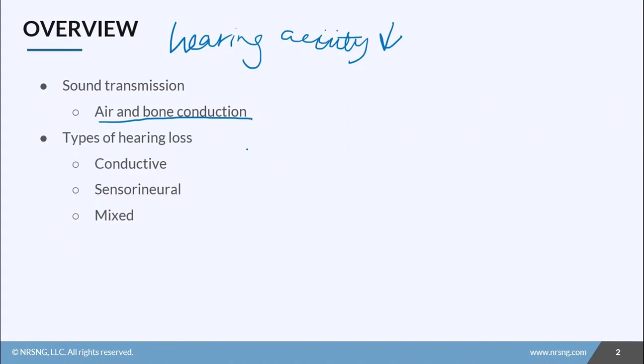So basically, this is how the person receives sound. Usually, air conduction of sound is more sensitive than bone conduction. So if a person's hearing is decreased, this is characterized as conductive, sensorineural, or mixed. And we'll go into each of those types in a little bit.